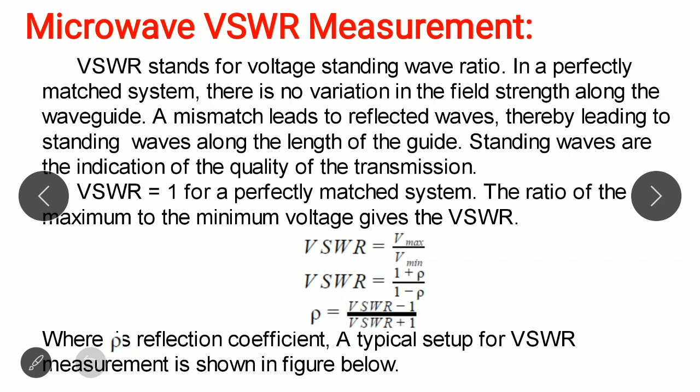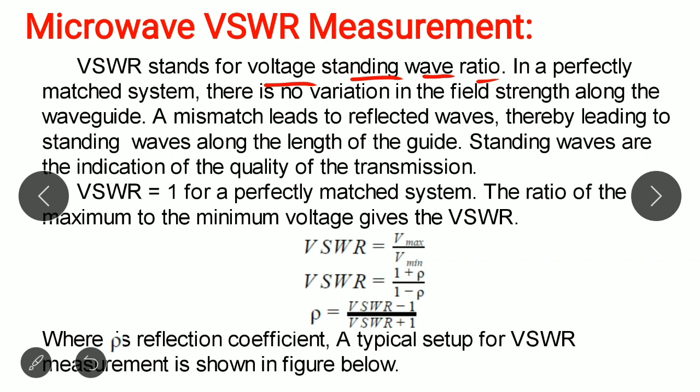VSWR stands for voltage standing wave ratio. In a perfectly matched system, there is no variation in the field strength along the waveguide. A mismatch leads to a reflected wave, and therefore to the formation of standing waves along the length of the guide.